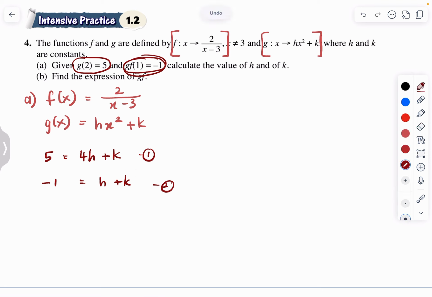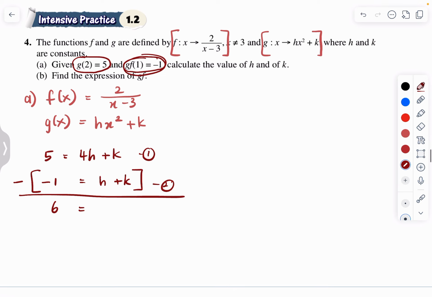So equation 1 you can minus equation 2 to get rid of the k. 5 minus -1 is 6. 4h minus h is 3h. And k will cancel off. So if 3h is 6, therefore h is 6 divided by 3. So h is 2.